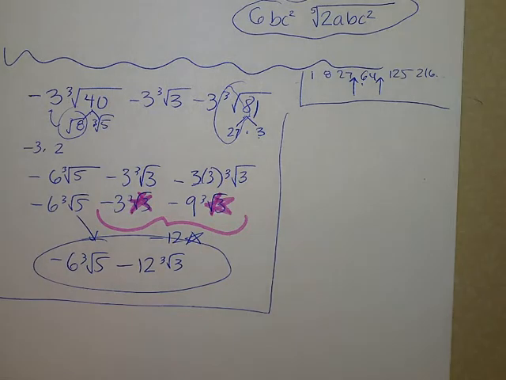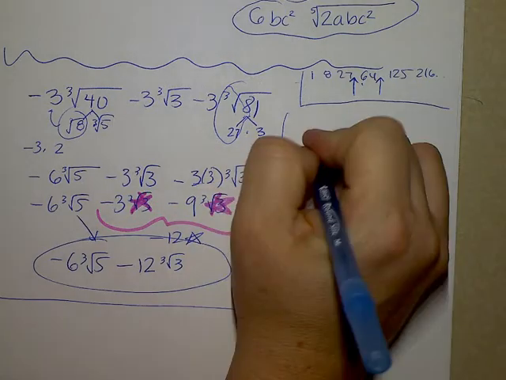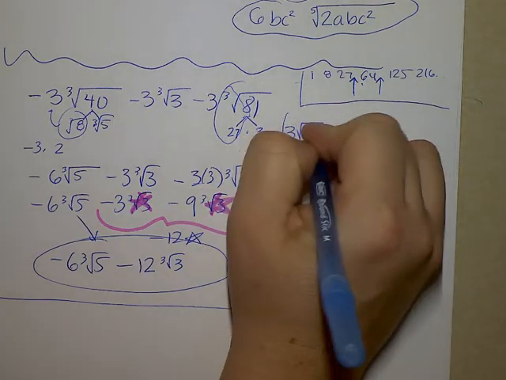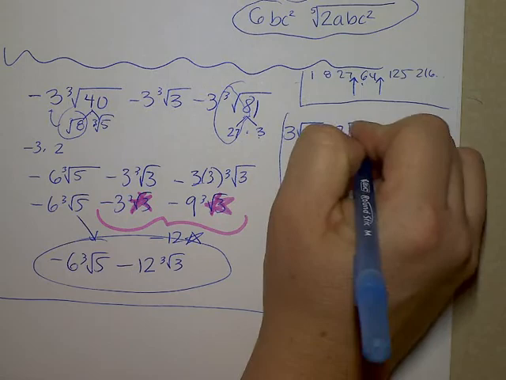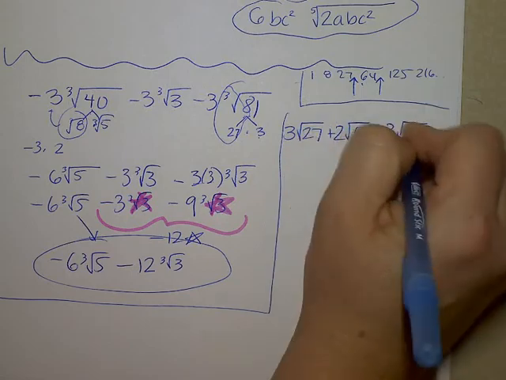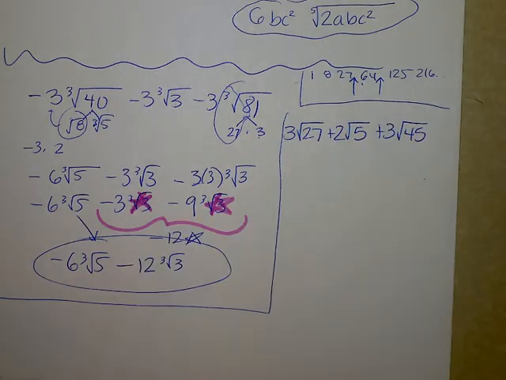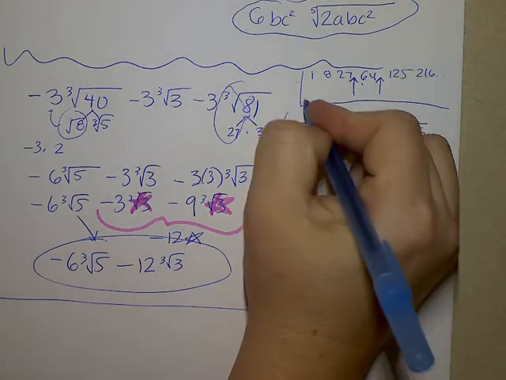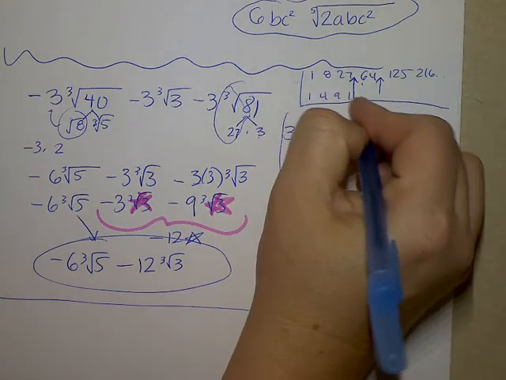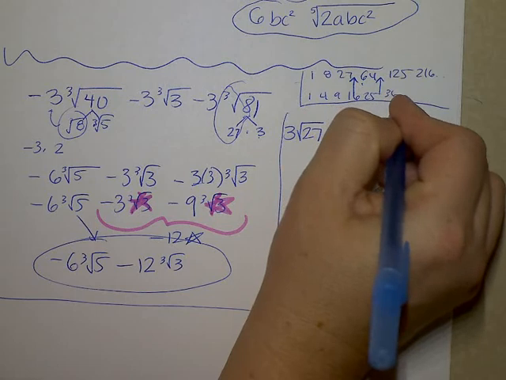Okay, next practice problem. I'm looking at square roots. So now you're looking at the chart that's 1, 4, 9, 16, 25, 36, and so on.